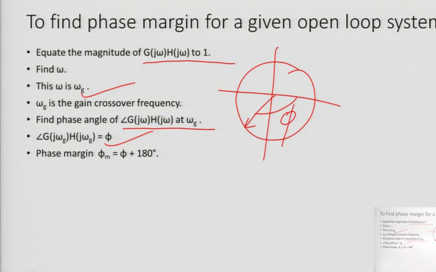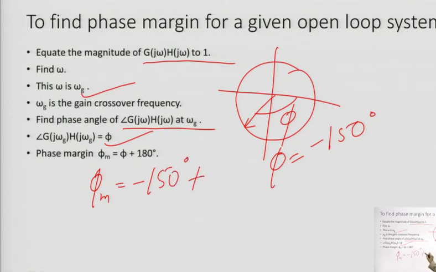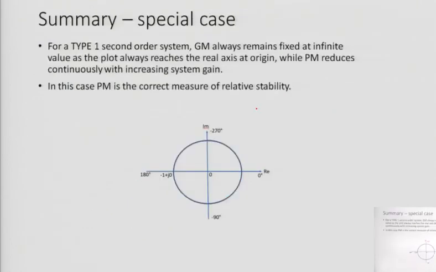And as I already explained, if for example phi here is minus 150 degrees, then phi m will be minus 150 degrees plus 180 degrees, which is 30 degrees. That is a positive value which is measured from the negative real axis.